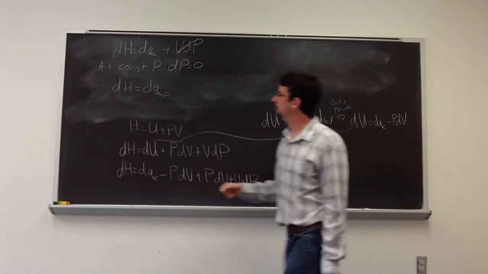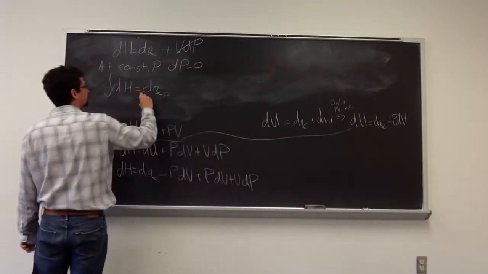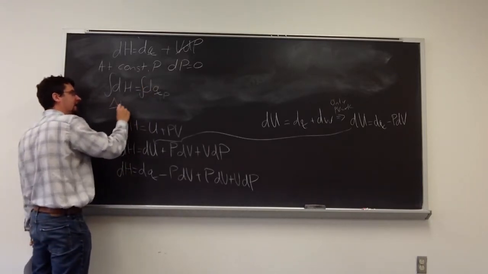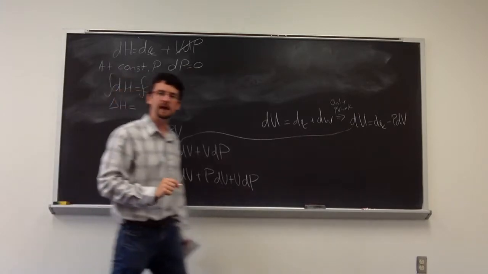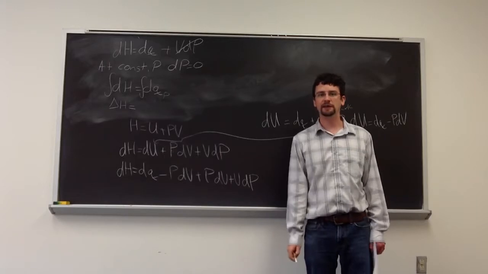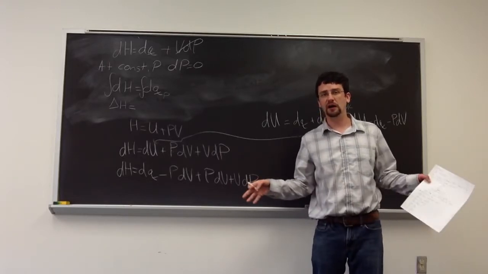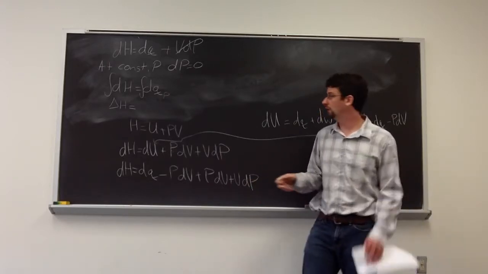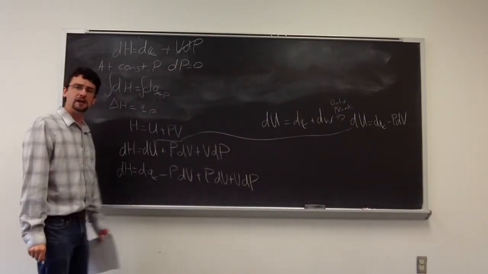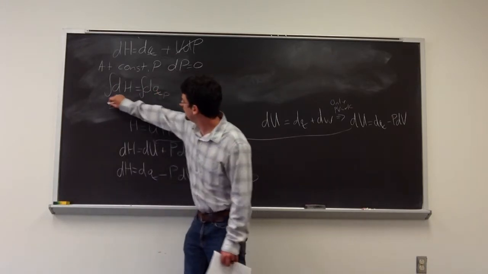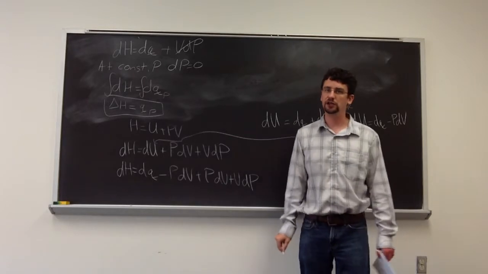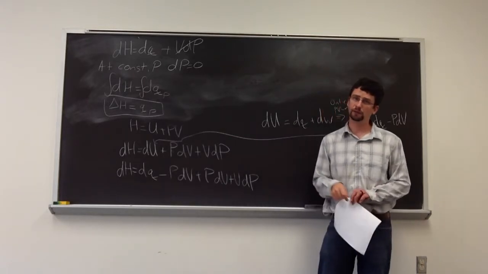Now if we integrate both sides, H is a state function, so we get delta H on this side. Q is a path-dependent function, so if you integrate an infinitesimal change in a path-dependent function, you just end up with the total amount, Q sub P. So we've effectively shown that delta H is equal to the heat exchange under constant pressure conditions for systems that have only pressure-volume work.